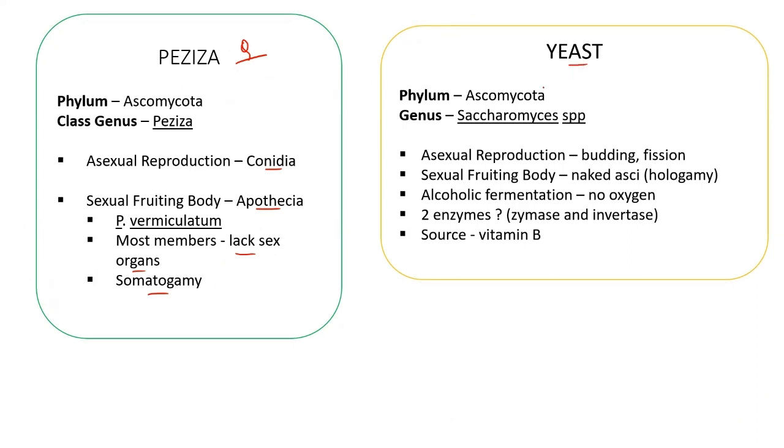Then yeast, the next type genus, and the asexual reproduction is through budding and fission, as you already know. The sexual fruiting body is a naked ascus, and the process through which nuclei are put together is hologamy. Alcoholic fermentation is done by the yeast, and the two enzymes involved are zymase and invertase. It is a good source of vitamin B.